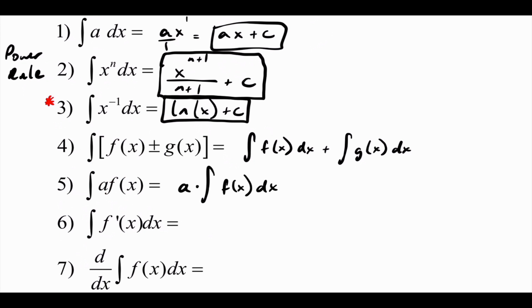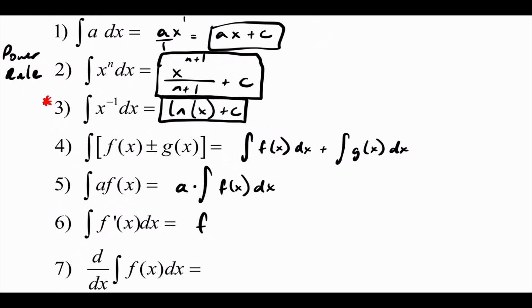Okay, so number 6. What is the antiderivative of the derivative? If I find the antiderivative of the derivative, what am I going to end up with? The original. You're going to end up with the original.